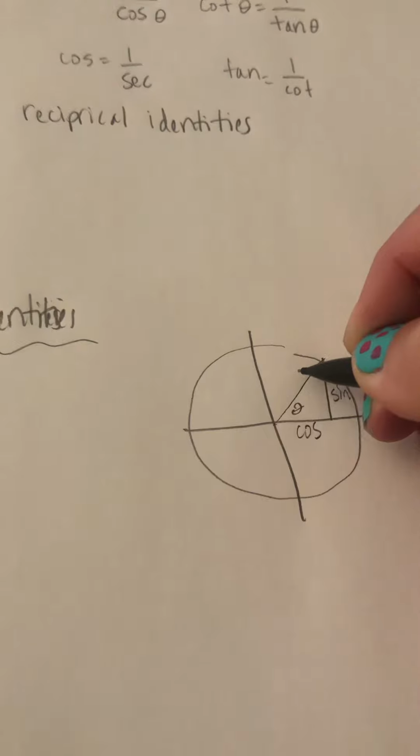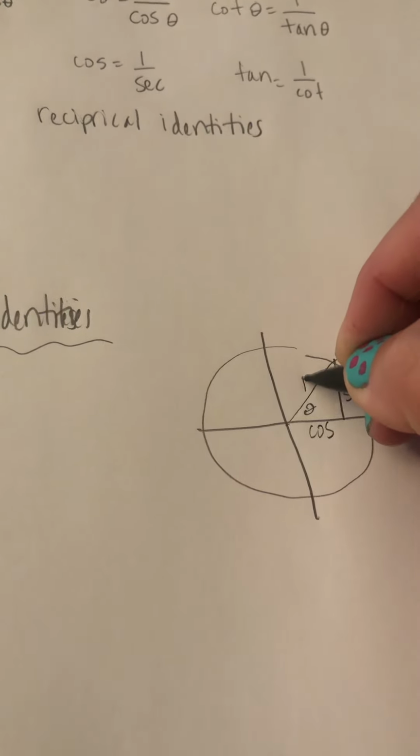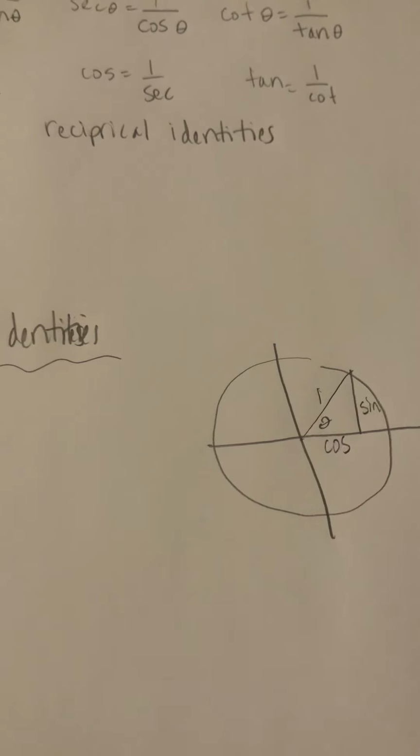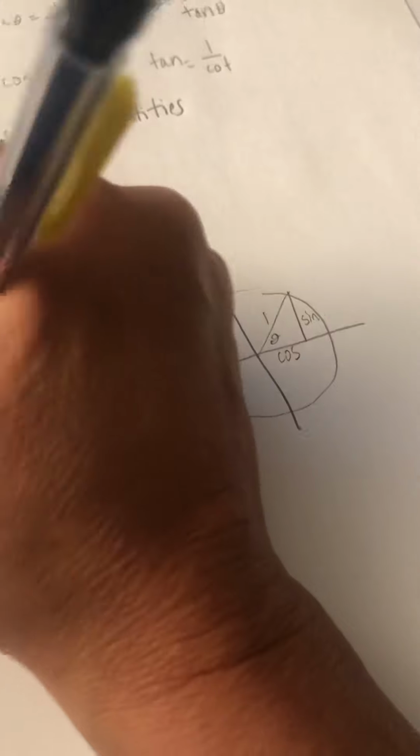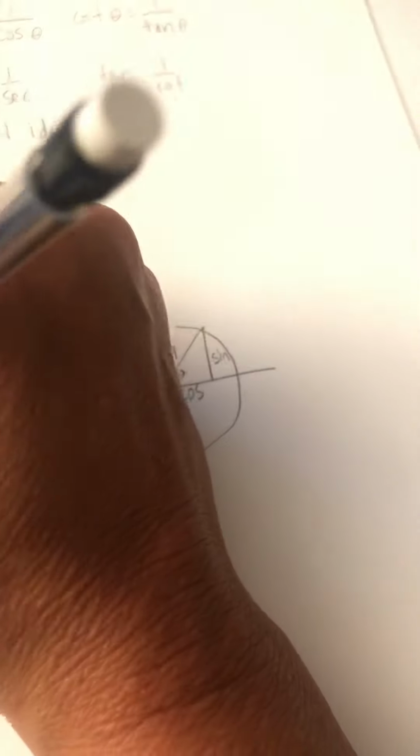And our radius of our unit circle is, hopefully somebody knew, 1. So if I asked you what the tangent of theta would be, tangent is opposite over adjacent. So what would we write? Sine. And then adjacent would be cosine.